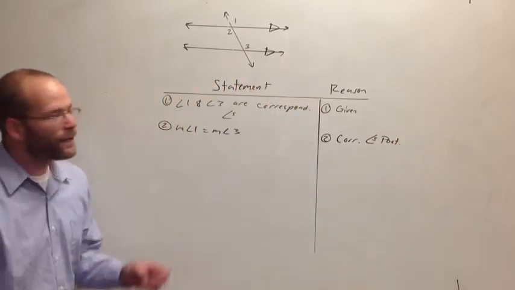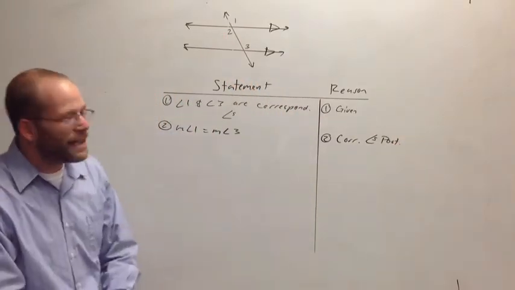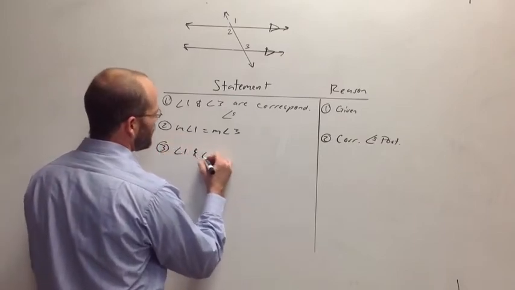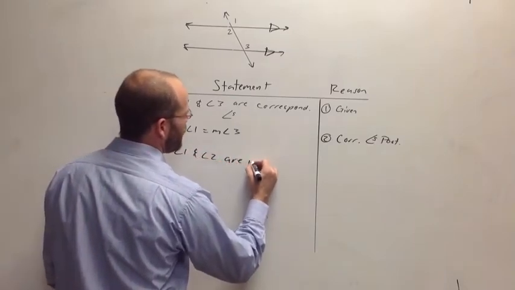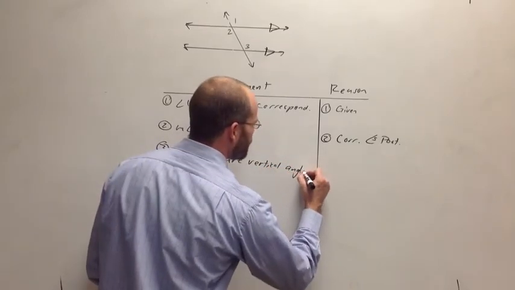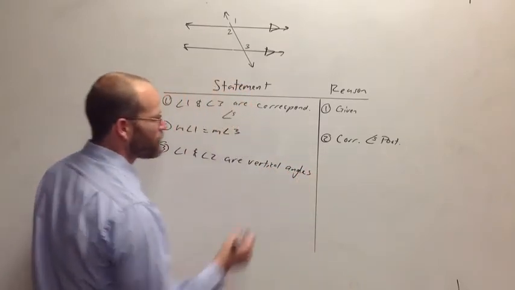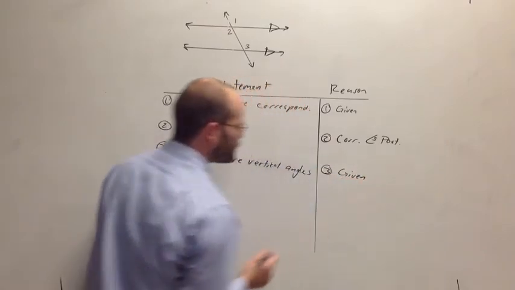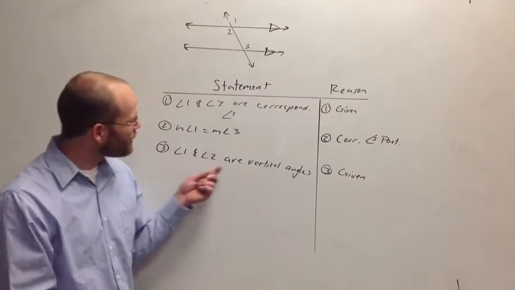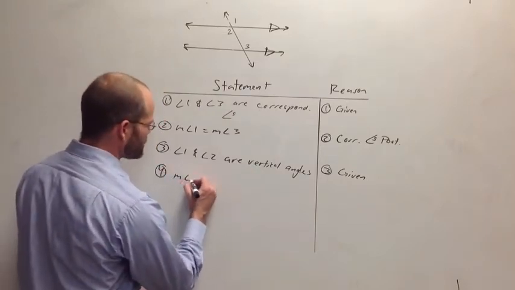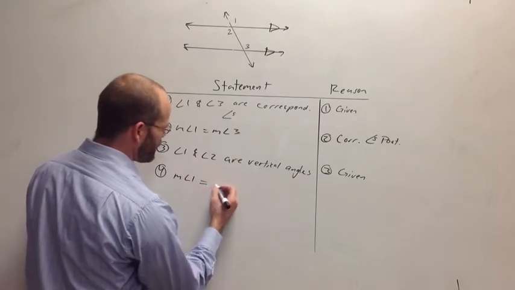The next thing to do is focus our attention on angles 1 and 2 and ask how they're related. Angle 1 and angle 2 are vertical angles, and we know that's a given also. So from there we can draw an algebraic relationship between those two angles, and that's simply to say that the measures of angle 1 and 2 are equal.